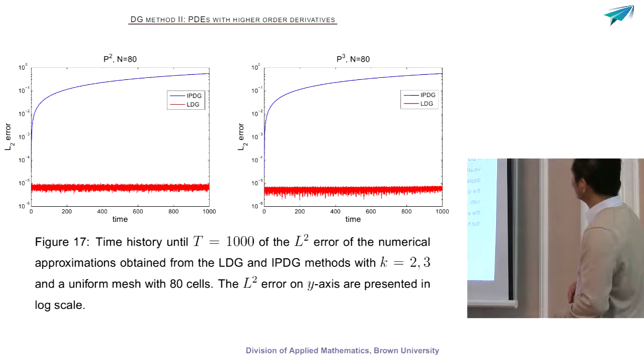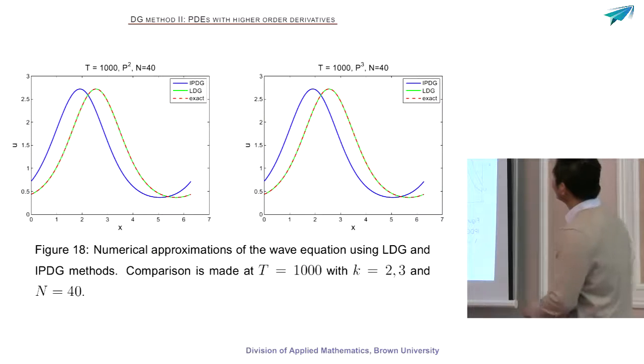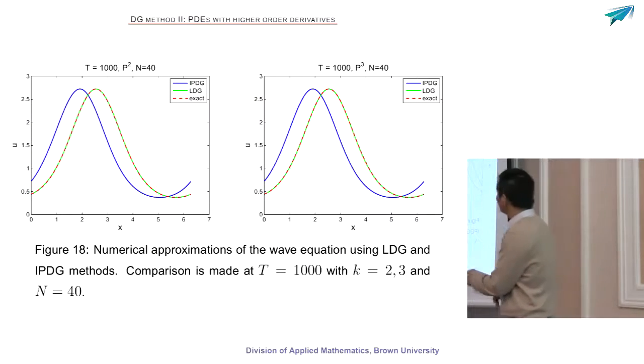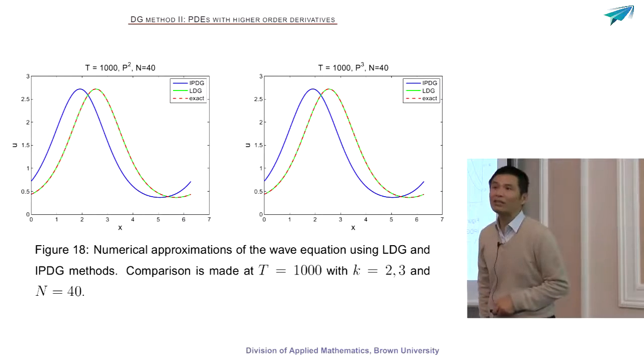Okay, great. Let's see. Yeah, here you also see cuts. You can see there are three things in this picture. This is for a very long time, T equals 1,000, 40 cells. You can see only two, right? But there are actually three: there's IPDG, there's LDG, and there's the exact. The LDG overlaps with the exact in this curve, so you don't see it very much.